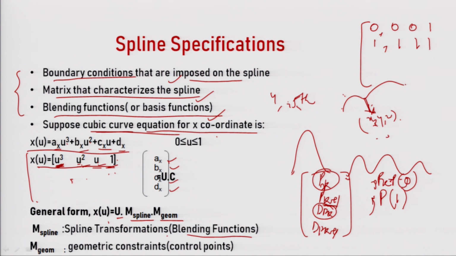Now, what is dpk? dpk is the derivative of the curve. When you find the derivative of this, you will get 3u square, 2u, 1 and 0.